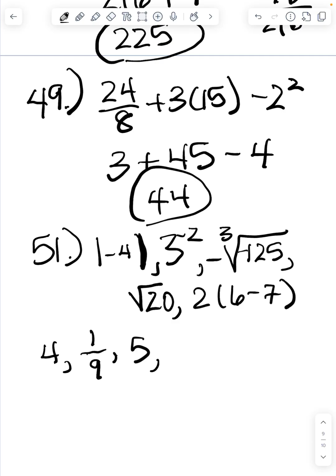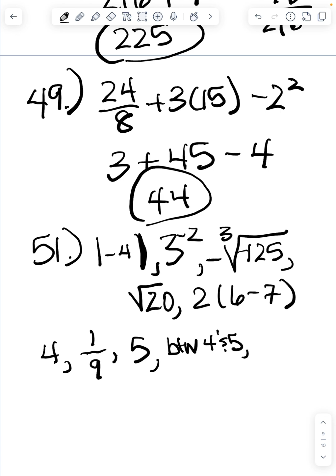The square root of 20. Wow, this is tricky. So we don't actually know what that is. There is a way to find it. You can type it in on your calculator. However, the only thing that we know at this point is that the square root of 20 is a number between 4 and 5.